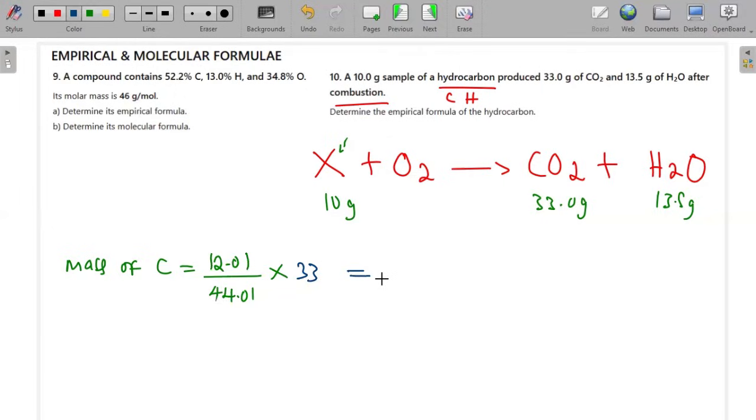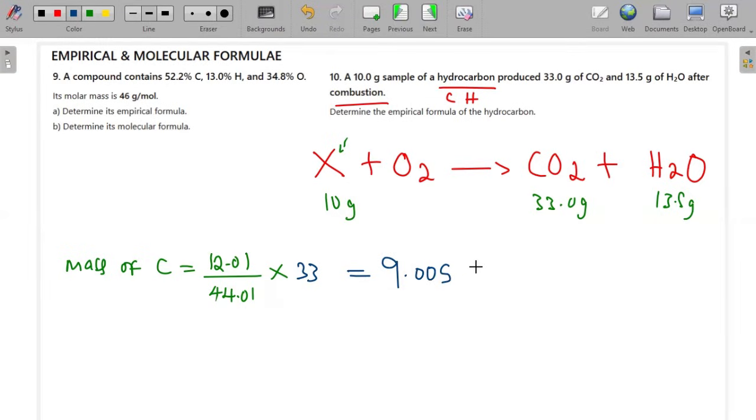So if I multiply this, it's going to be 12.01 divided by 44.01 multiplied by 33. Okay, so when I do that, I get 9.005.